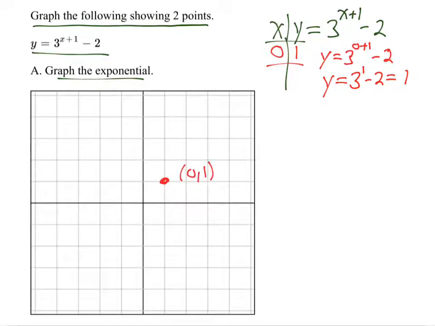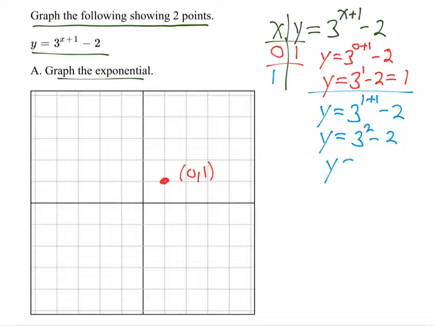There's that point. Next, I'm going to plug in x is 1. When x is 1, y equals 3 to the 1 plus 1 minus 2. That's 3 to the second minus 2. 3 to the second is 9. 9 minus 2 is 7. So that's over 1. Oh, I'm sorry, I did this other point wrong, didn't I?